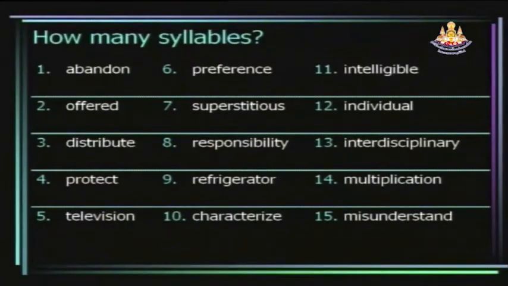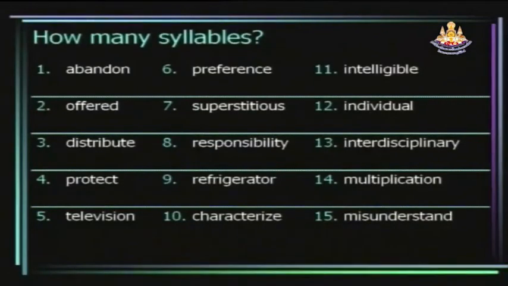Intelligible. 5. Individual. 4. Again. I hear 4 and I hear 5. Which one is it? 4 or 5? Individual. Okay, 5. 5 syllables.